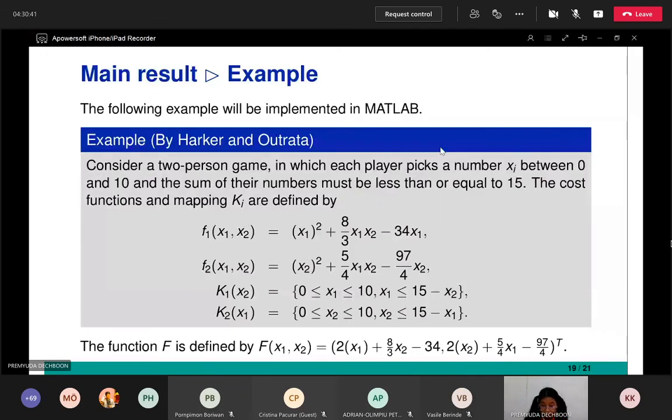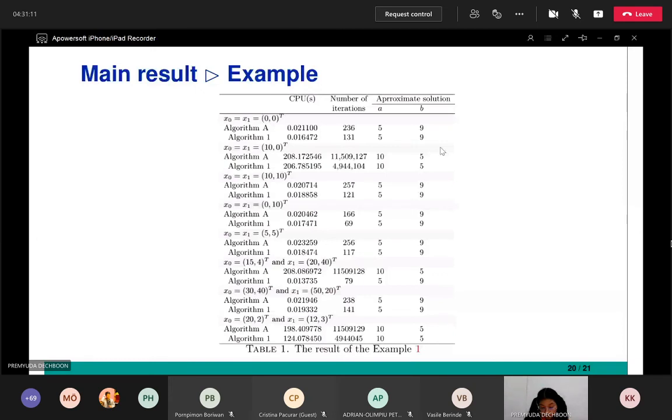So we are given the cost function like this, and then we can write the set-valued mapping of their strategy set like this. We can see that if we consider the gradient of the two functions, we can get the capital F like this, as we derived the problem at first. And when our algorithm is compared with Professor Chang's, that is algorithm A, we can see that our algorithm is faster in terms of CPU time and also has fewer iterations.